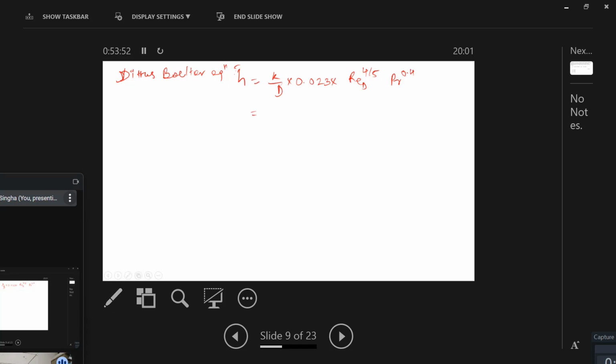Now k is 0.027, divided by diameter 0.15, into 0.023 into Re, which is 17965, to the power 4 by 5, into Prandtl number to the power 0.4. Prandtl number is 0.706.